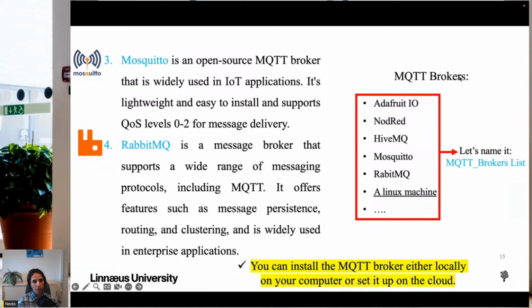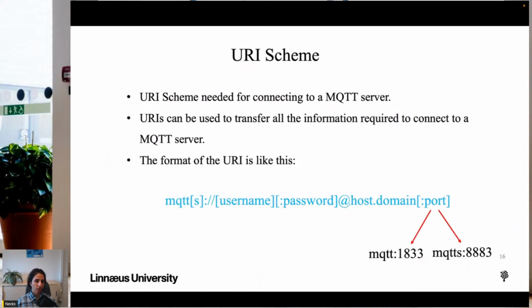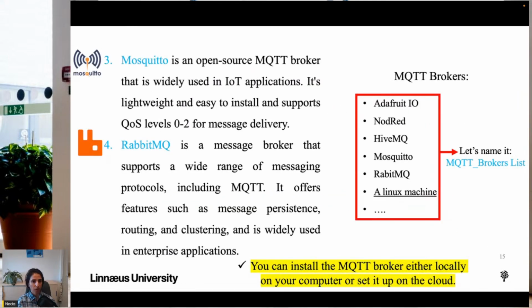So we have many MQTT brokers, and I call it the MQTT brokers list. If I mention later that it can be any broker from our MQTT broker list, I mean this list, and it can be one of them, either Adafruit.io, Node-RED, HiveMQ, Mosquitto, RabbitMQ, or even a simple Linux machine. You can have a Linux machine, such as a Raspberry Pi, and on that Raspberry Pi you can install your OS, and you can make it an MQTT broker by installing the software that is needed.